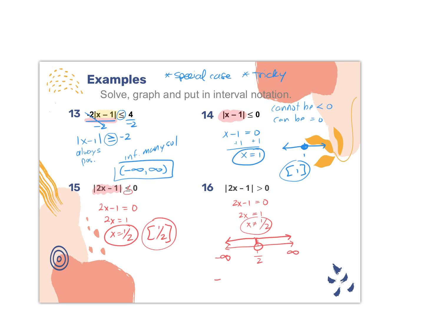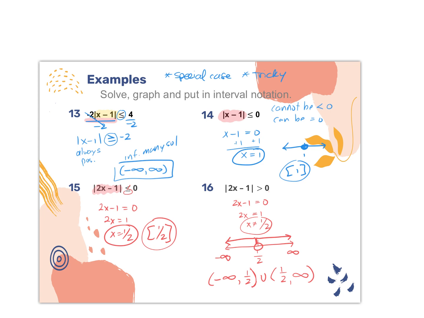So we do negative infinity to 1/2, not including 1/2, union, just like this. And then again, from 1/2 to positive infinity. And so basically what this is saying is from negative infinity to 1/2, but not including it, and then starting at 1/2, but not including it, to positive infinity.